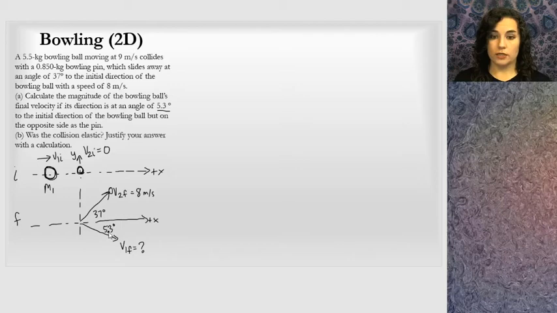So you're getting this feel of vectors, right? When I look at the momentum or velocity vector for that pin after the collision, it has an x component and a y component, which you can calculate with trig functions. And the bowling ball has its own x component and its own y component after the collision.